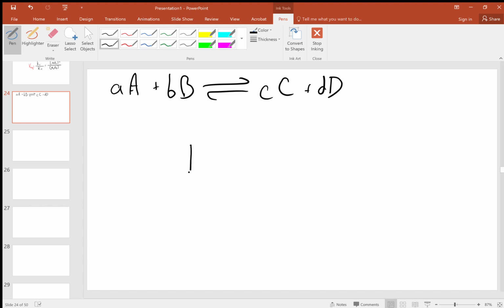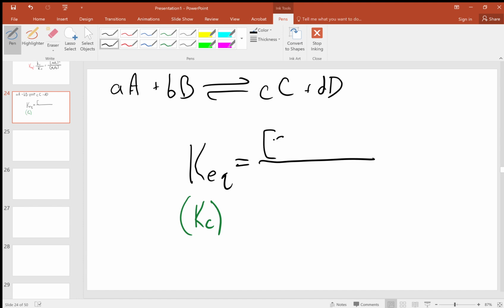So the equilibrium constant, KEQ, although sometimes we abbreviate this instead as KC, is equal to the concentration of each of the products. And we raise the concentration of each of the products to their stoichiometric coefficients.